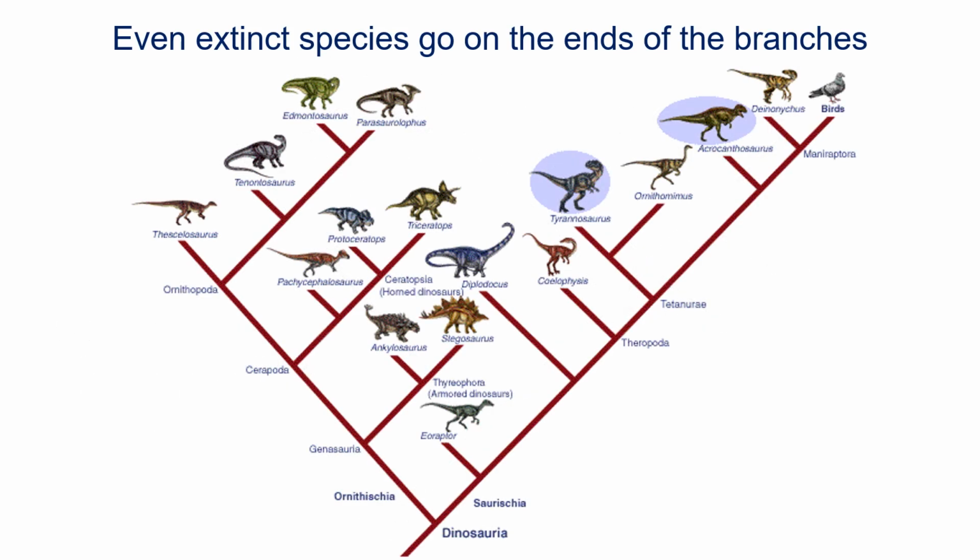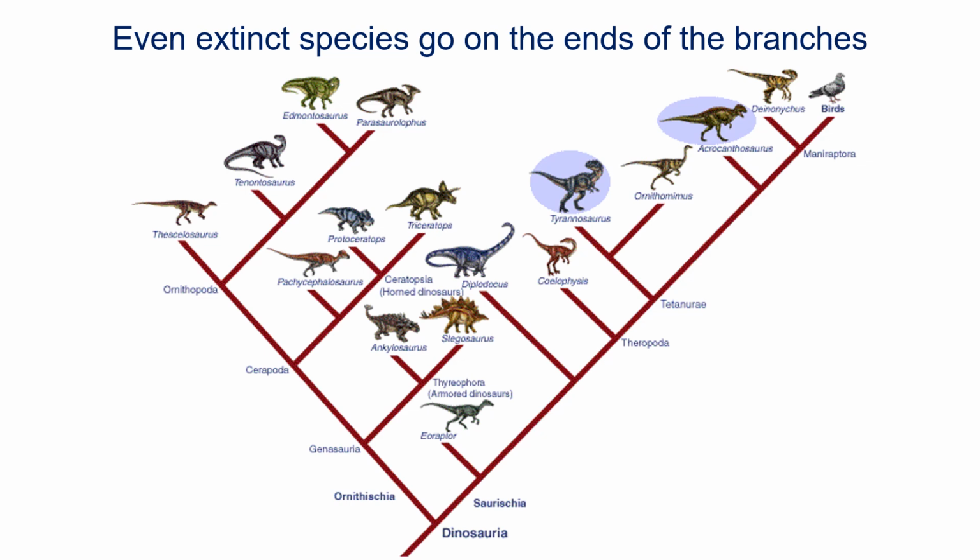Just to drive that point home, here's a cladogram of some dinosaurs. Dinosaurs are, of course, extinct. Well, except for that one dinosaur up in the right top-hand corner. Yes, birds are considered dinosaurs. We'll come back to that. But you have to avoid the temptation to put fossil species anywhere else other than the ends of the branches. You can't put them at the nodes.